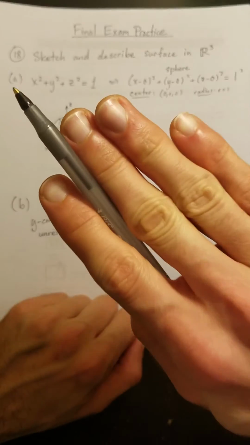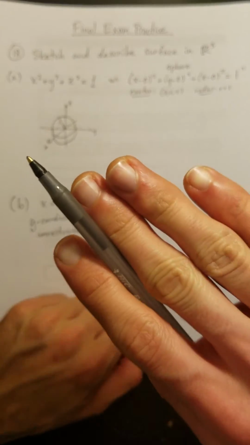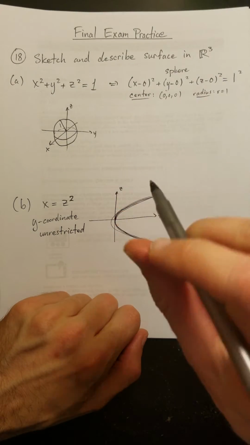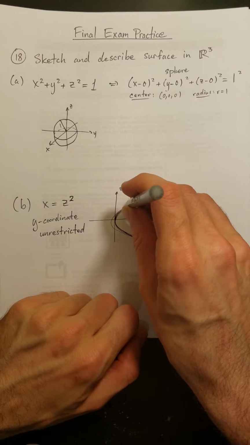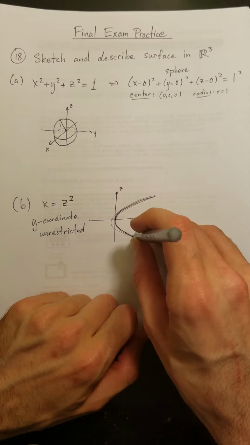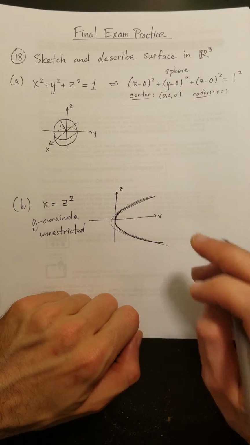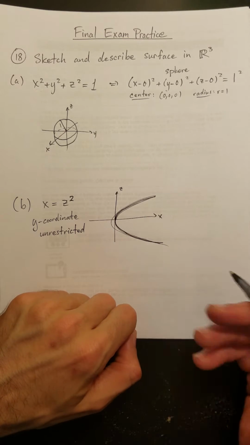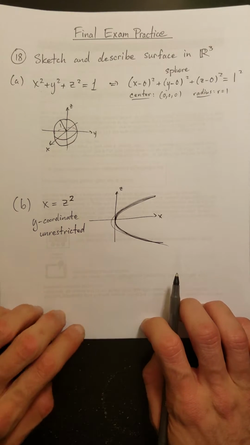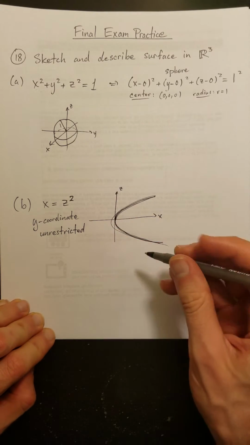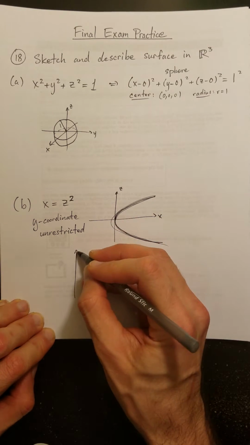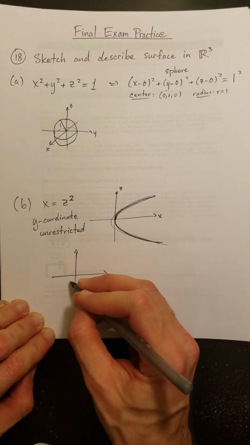For any value of y, going into and coming out of the paper, we basically just have a line sitting on each one of these points of this parabola. So it's going to be like some kind of half-pipe shape, similar to an example we did in class. Either way, let's try to draw it in our three-dimensional space.